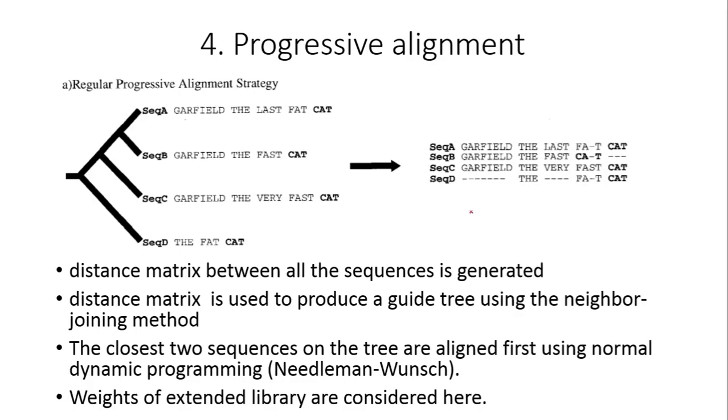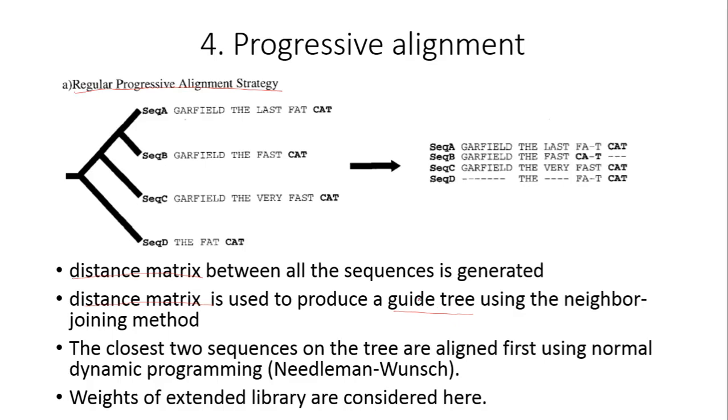After the library extension procedure, you would end up with some set of sequences. Now you would proceed with a regular progressive alignment strategy. You have got sequence A and sequence B. Based on these sequences you would create a distance matrix between all the sequences. Then based on the data from the distance matrix you would create a guide tree, as we have done in the progressive alignment strategy.